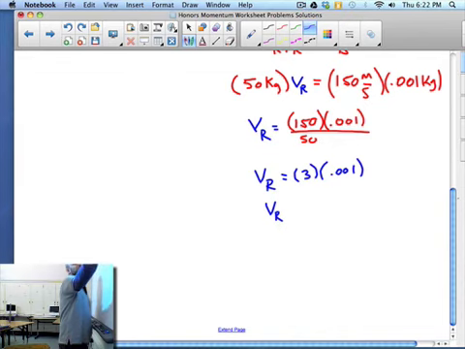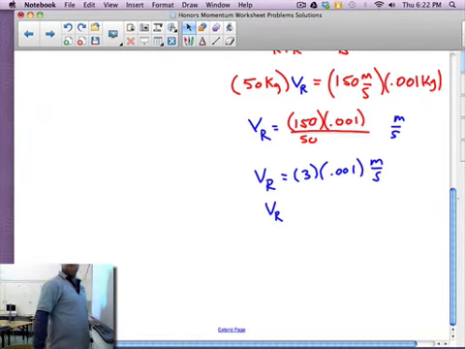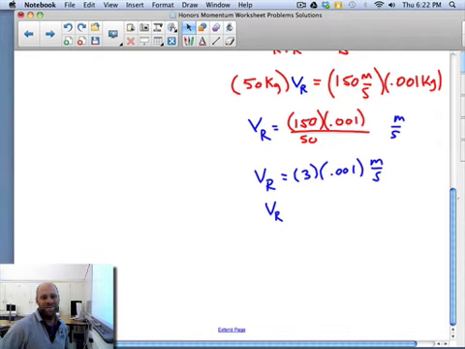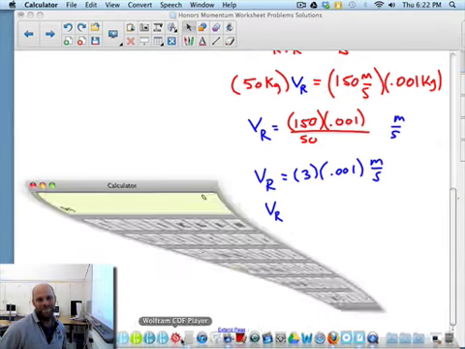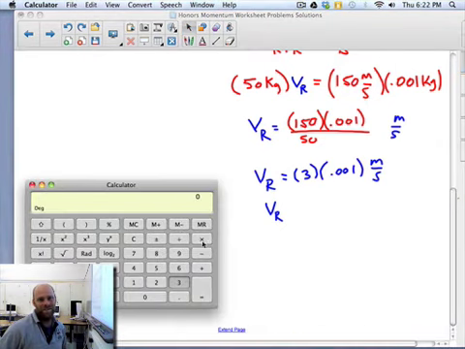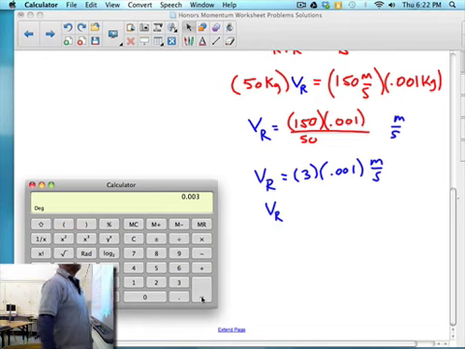So the velocity, and this is going to be in meters per second. What's 3 times 0.001? I don't know. I should know that. 3 times 0.001. Yeah, that's what I thought it was going to be.